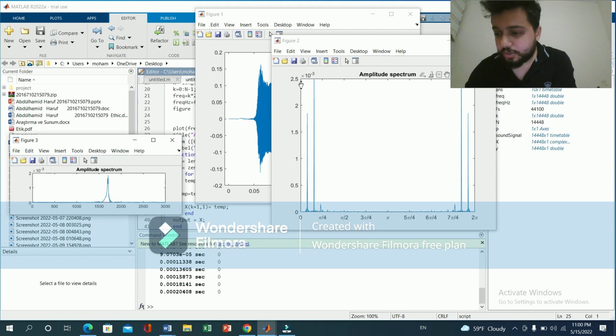Then we shall use to compute this function. This function gives us discrete Fourier transform values.